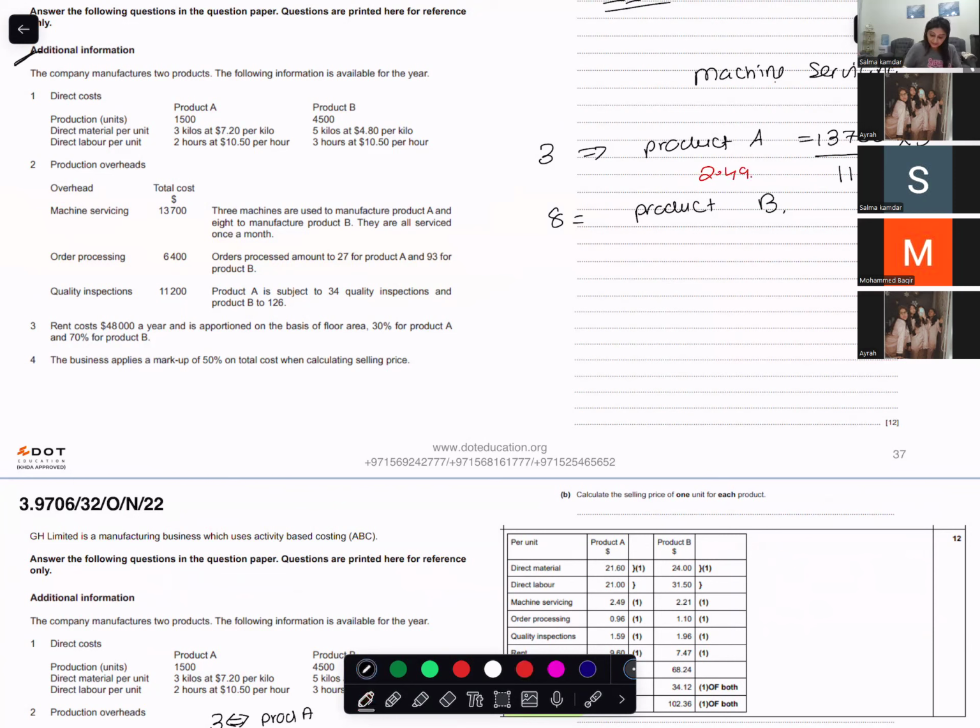So 2.49. And for product B, 13,700 into 8 machines upon 11, divided by 4,500. So it'll be 2.21. You're doing it in the calculator, right? Yeah, I am doing.